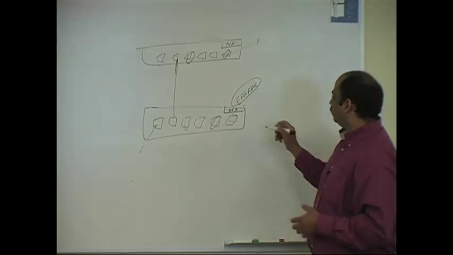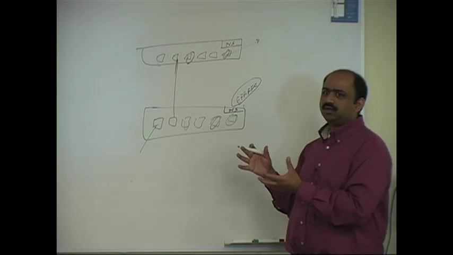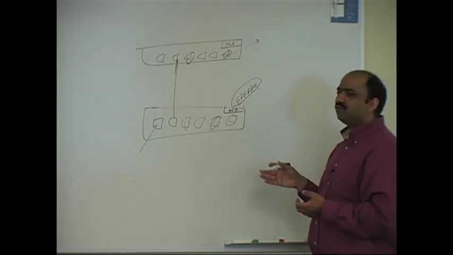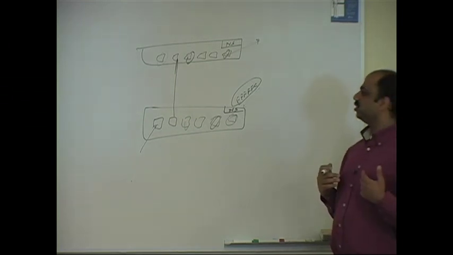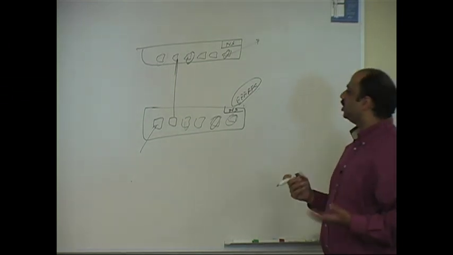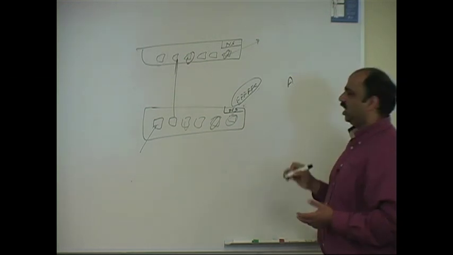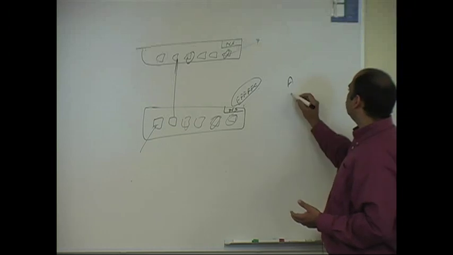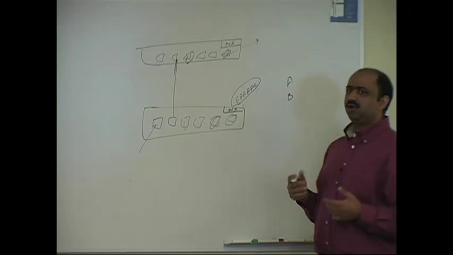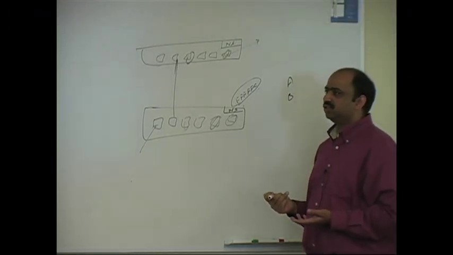So you can tell the name server which ports belong to a zone, and you don't really have to physically divide the switch. So what happens is, when an initiator goes to a name server and the initiator belongs to zone A, the name server will only tell it about devices of zone A.